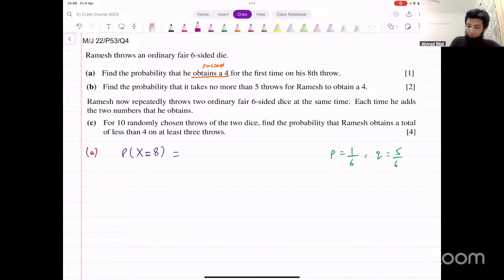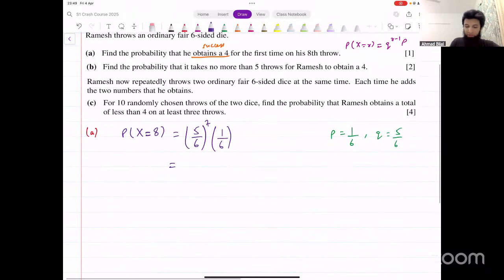What's the formula for geometric? The formula is q raised to power r minus 1 times p. Let's input values in that. Q is 5/6. So we have 5/6 raised to power 8 minus 1, which is 7, into 1/6, which is p. And that should give you the result. You can see what that is.